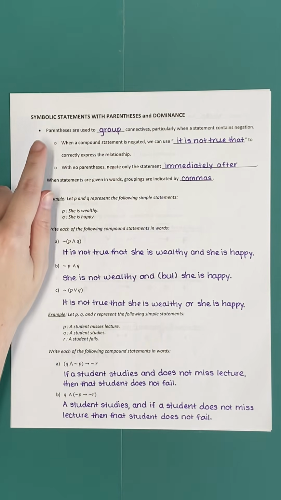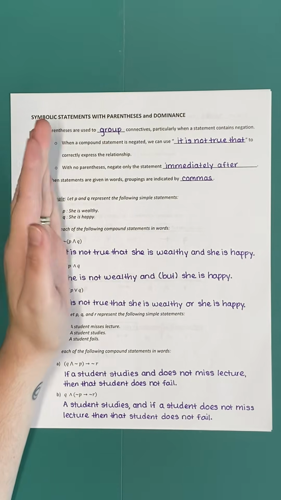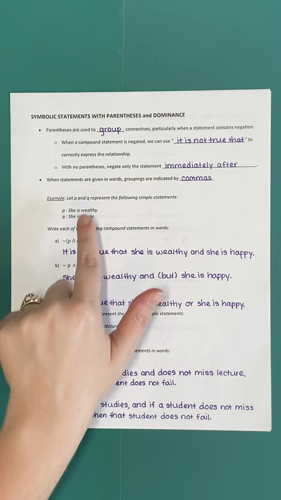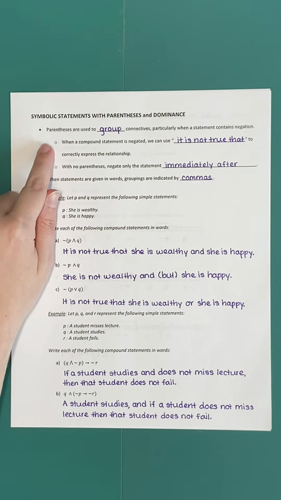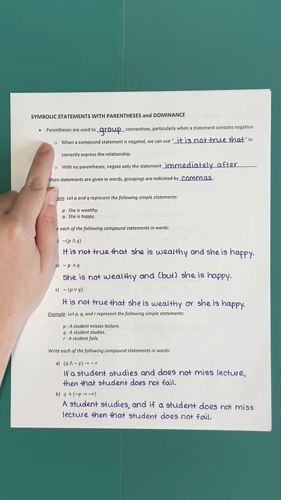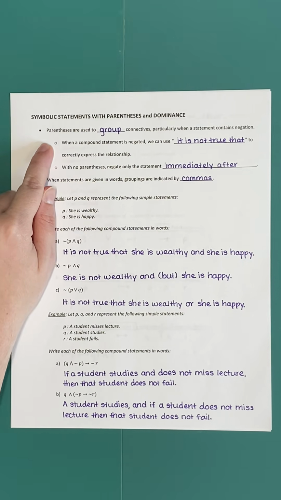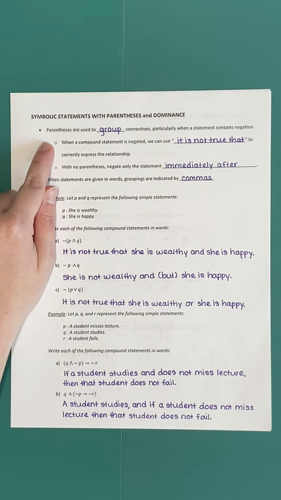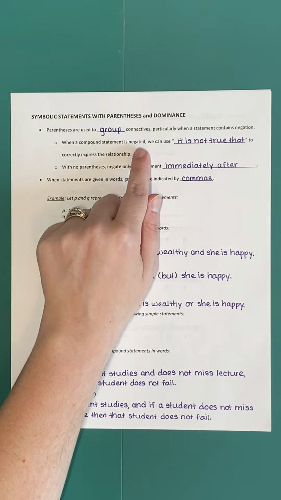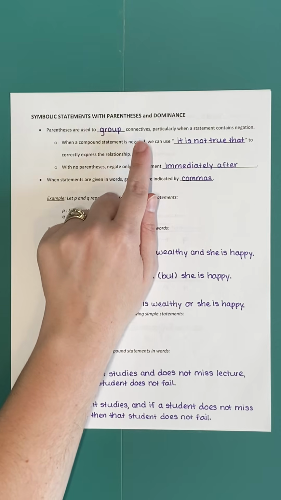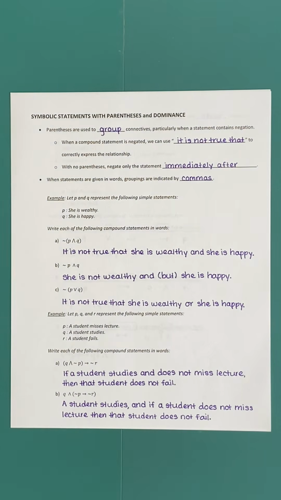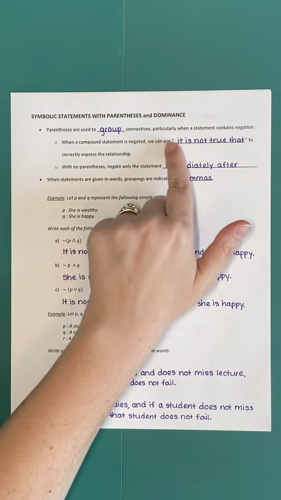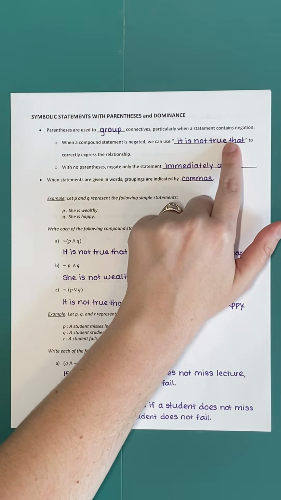So if we're taking an entire compound statement, one statement, another statement joined together with a connective, if we want to negate that entire thing, how do we indicate that the entire compound statement is negated? Well, it's not going to be sufficient to put the word not. The word not is typically only used when we want to negate a single simple statement. But if we want to negate a compound statement, negate the whole thing, what we can use is this phrase, it is not true that.